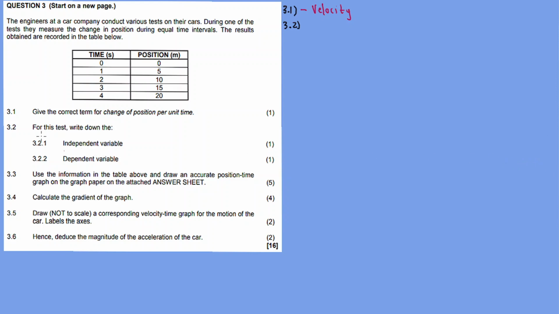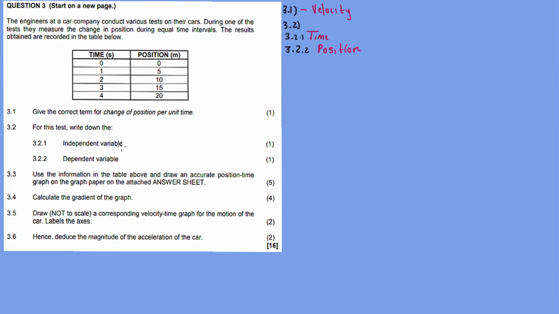3.2.1: for this test, write down the independent variable. So the independent variable is what? It's time. And then 3.2.2, the dependent variable. The independent variable is the variable we control. Is control the right word?